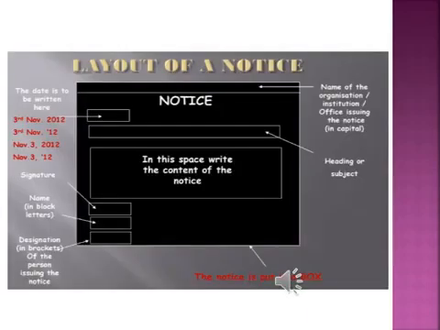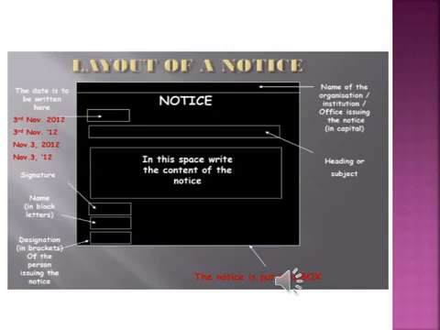Now let us see the layout of a notice. At first you have to write the name of the organization, institution or office which is issuing the notice. You write that in capital letters. Next you write NOTICE.